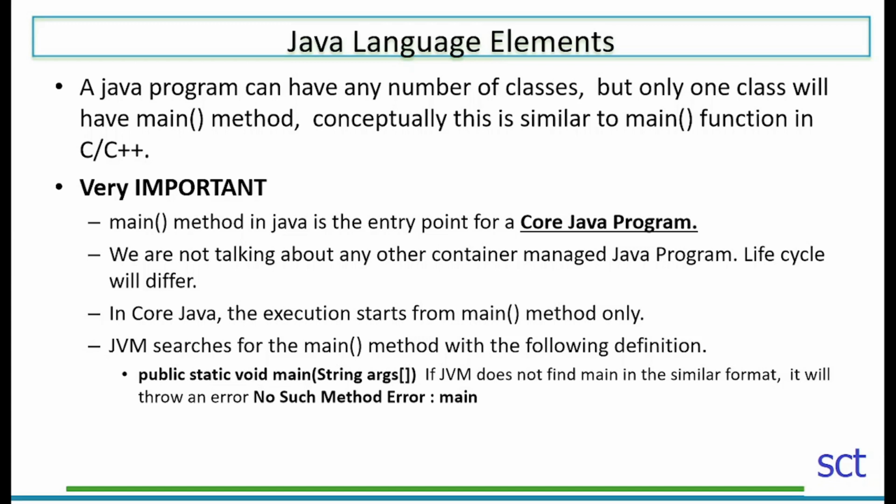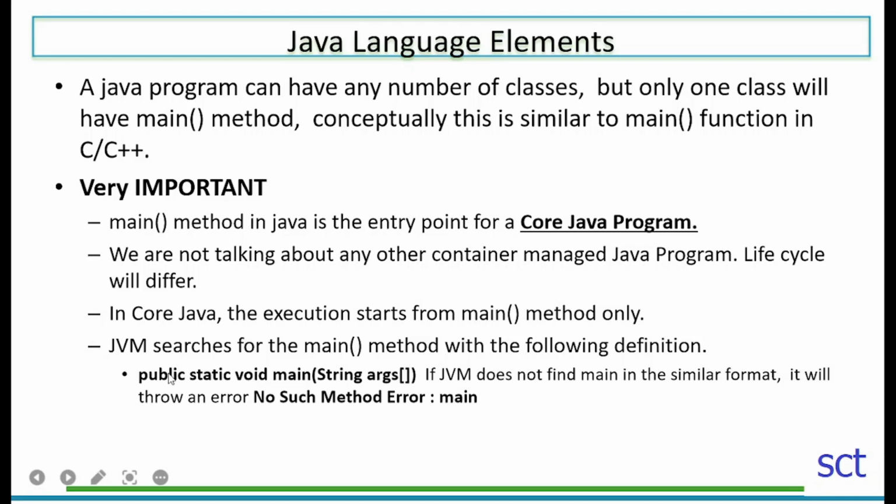So the JVM will always look for a main method which is available in the Java class and then executes that. And the JVM will always look for the main method in this format. It should be public static void main, String args. So there are some arguments which you can pass here.